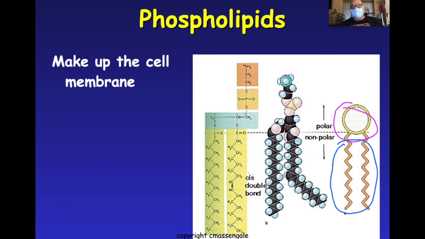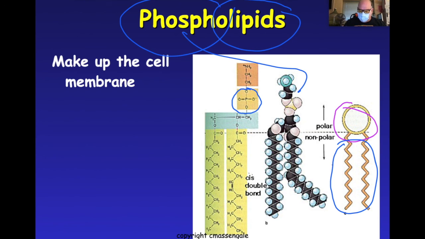And phospholipids are made out of a phosphorus head. So if you look really close right here, this is a phosphate, which is a phosphorus atom with oxygen surrounding it. And lipid means fat. So this is the phosphorus part right here, and the tails are the lipid part.